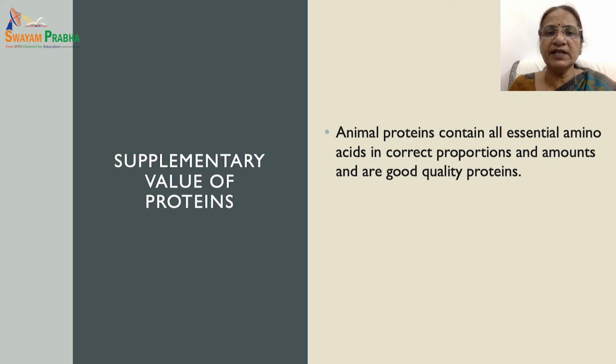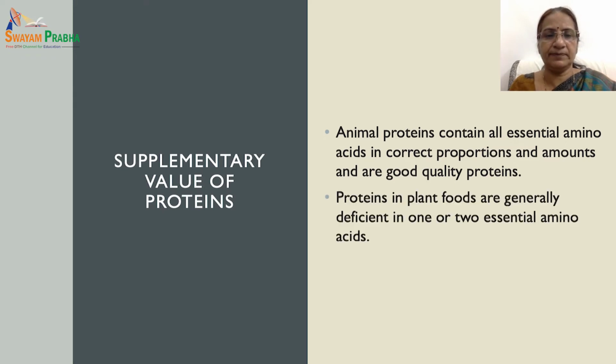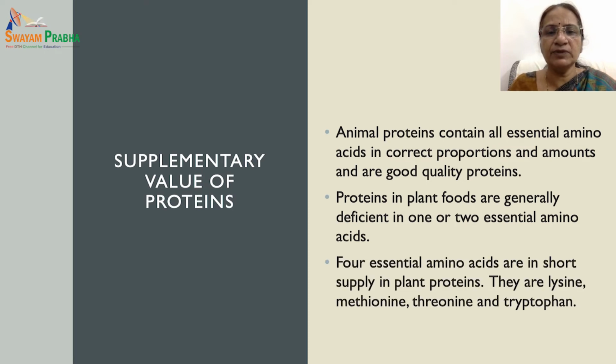Animal proteins contain all essential amino acids in correct proportions and amounts and are good quality proteins. Proteins in plant foods are generally deficient in one or two essential amino acids. 4 essential amino acids are in short supply in plant proteins and they are lysine, methionine, threonine and tryptophan.